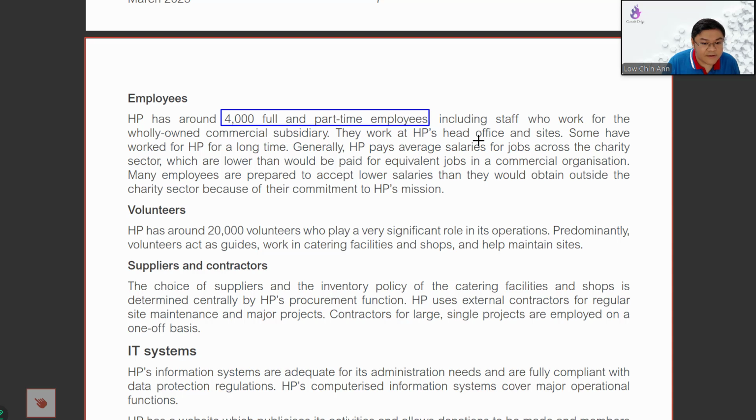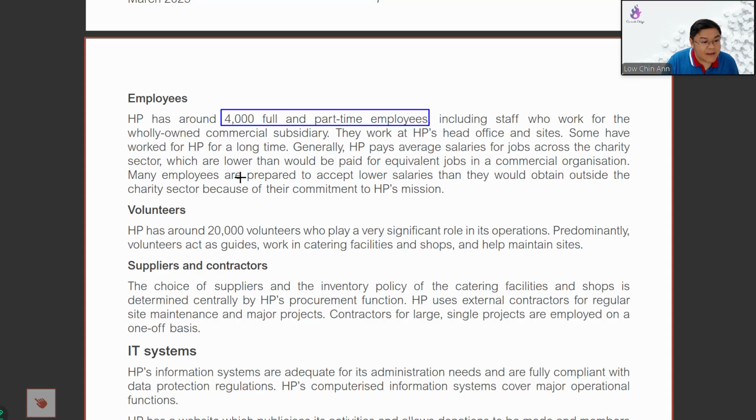They work at the head office and the sites. Some work for a long time. Okay. Now, HP pays the average salary for jobs across the charity sector, which is lower than what would be paid for equivalent jobs in a commercial organization, which I think is quite understandable.